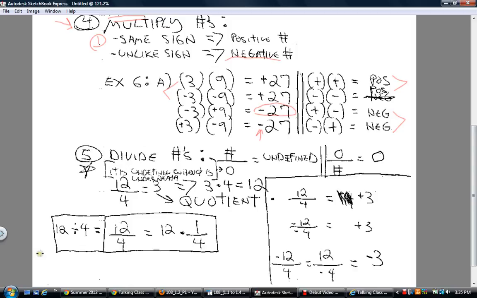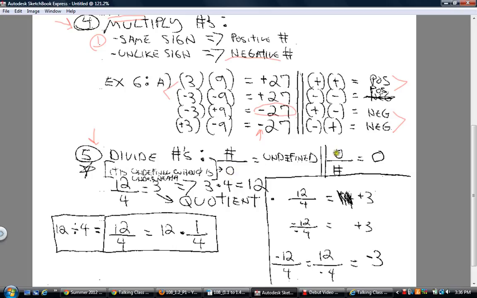Let's go on to objective 5, dividing numbers. Got to review real fast. What happens if you have a number divided by 0? One way to remember this is something a student shared with me. I think she learned it from her math instructor way back in the day. The math teacher said when the 0 is under the line, it's undefined, which means it doesn't exist in the world.